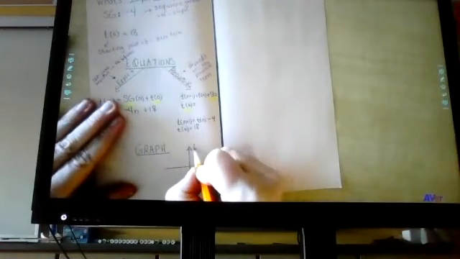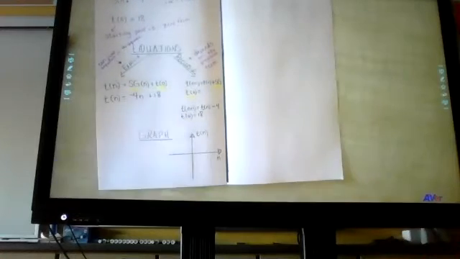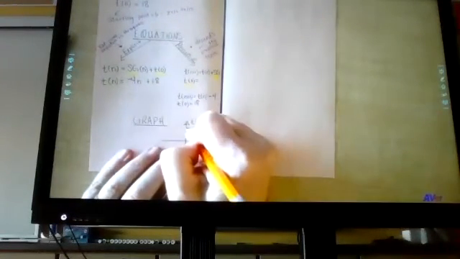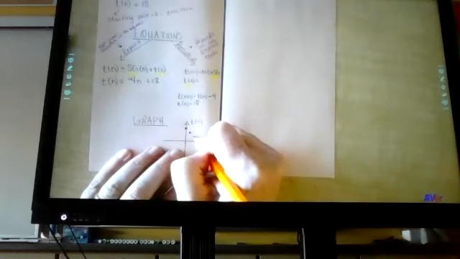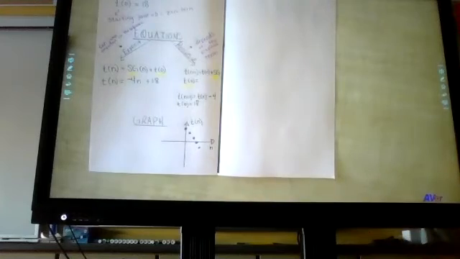My T of n is my y, my n is the x. And remember here, our graph starts somewhere up here, like at 18, and we're always going down. This is not an exact graph, but that's what it looks like.